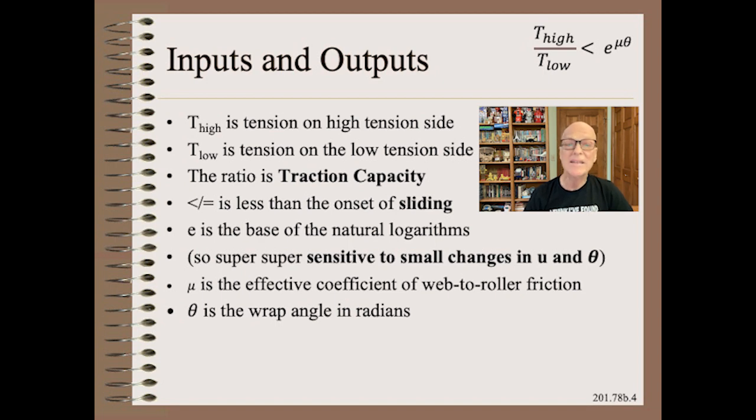E is the base of the natural logarithms. Because of that exponent, traction capacity is supersensitive to even tiny changes in mu or theta, where mu is the effective coefficient of friction between the web and the roller, and theta is the wrap angle in radians.